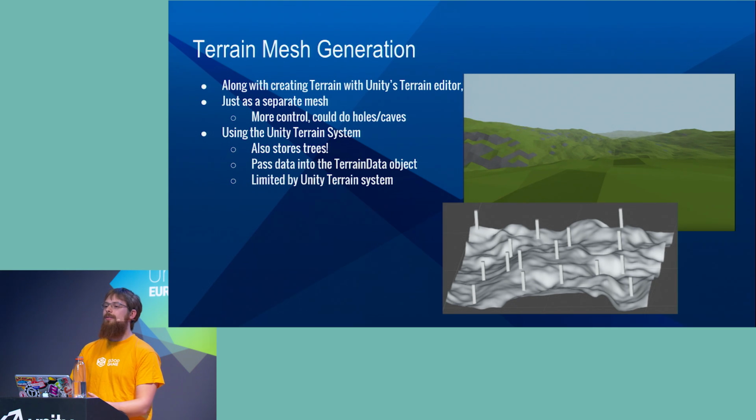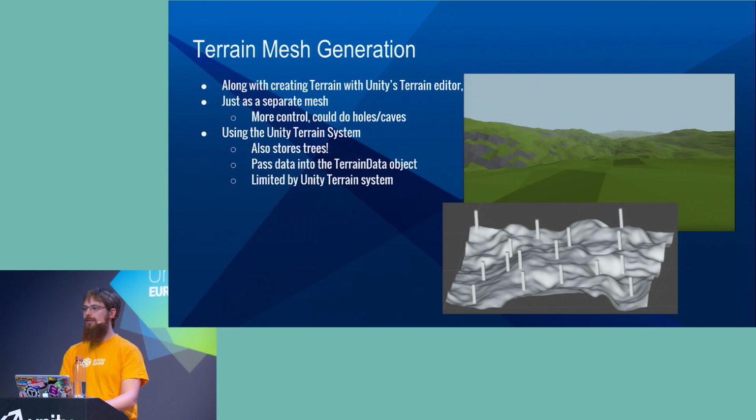And while we're talking about mesh generation, this is one of the most common uses of procedural generation, which is generating meshes or terrain. Building huge worlds that look realistic or less realistic depending on what you want. And it's really easy to do that in Unity too, because it's just a mesh. So you can build your terrain as a normal mesh.